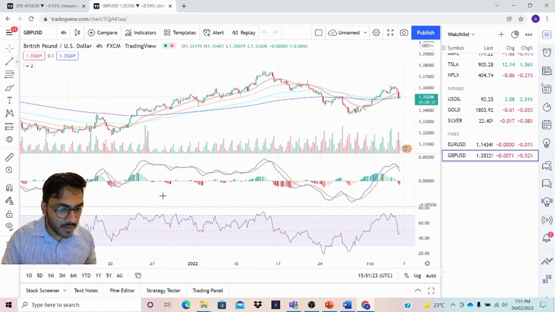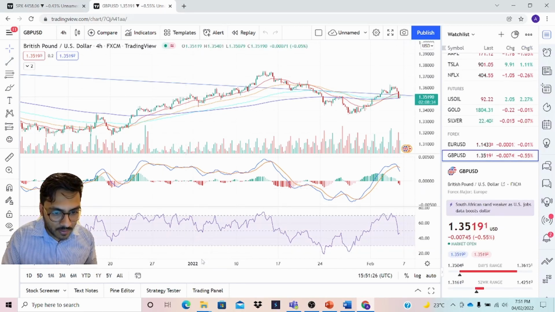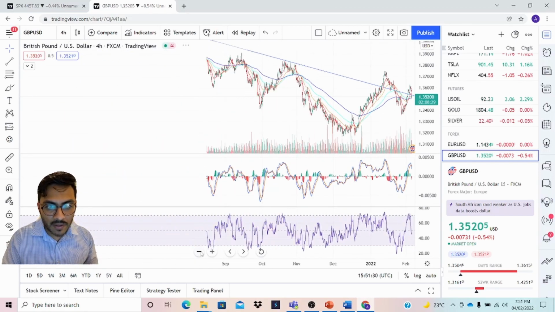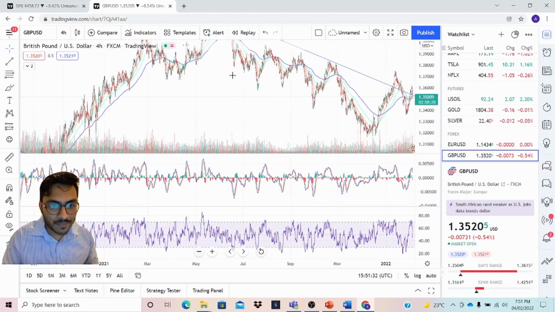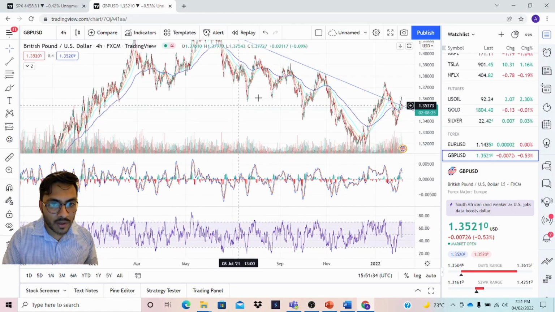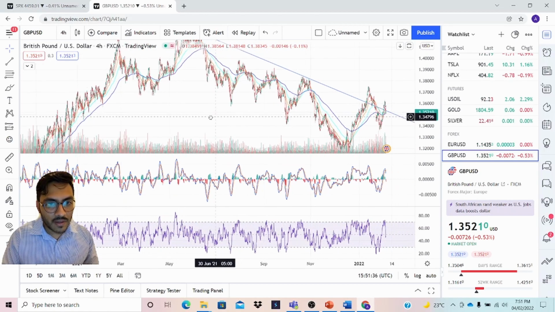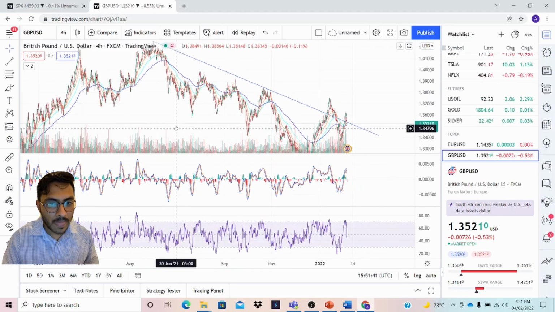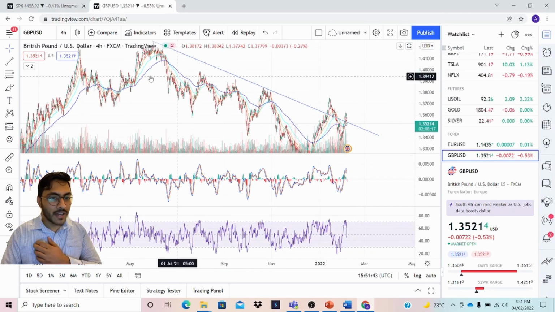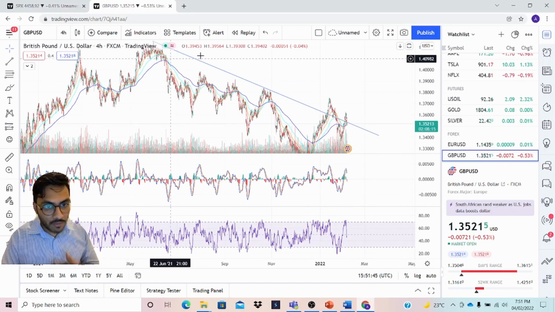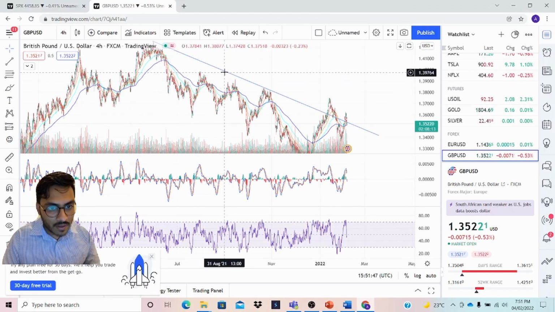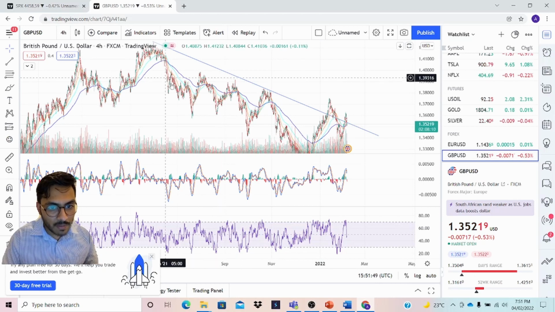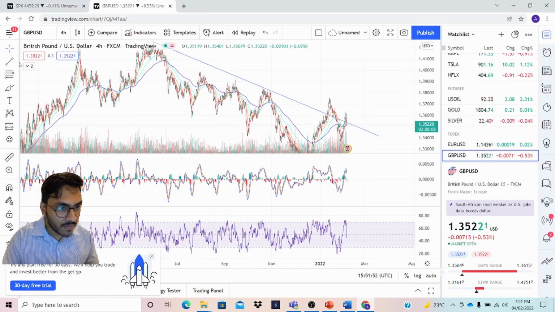Okay, this is fine. So basically, this is the GBP USD pair. Just don't get confused on what this is, just stay with me. Basically, I was trading USD GBP for a very long time. So if you see, there's a pattern over here.